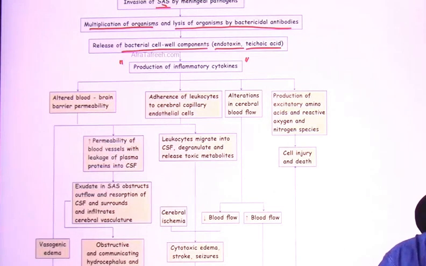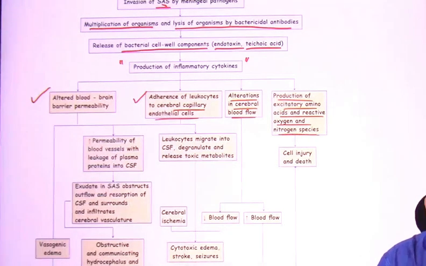What happens by production of these inflammatory cytokines? There is an altered blood-brain barrier permeability, then adherence of the leukocytes to the cerebral capillary endothelial cells. Then there is an alteration in the cerebral blood flow, and a production of excitatory amino acids and reactive oxygen and nitrogen species, which always happens in various inflammatory processes.